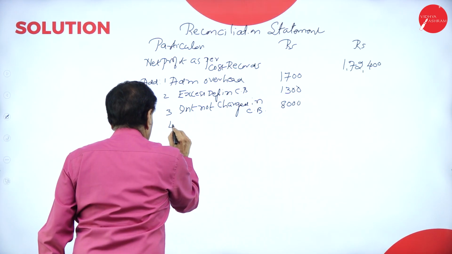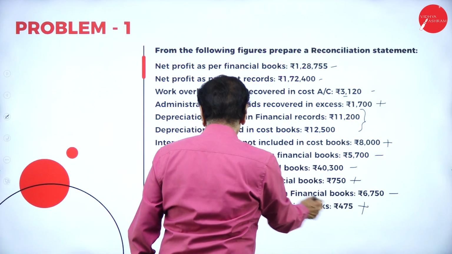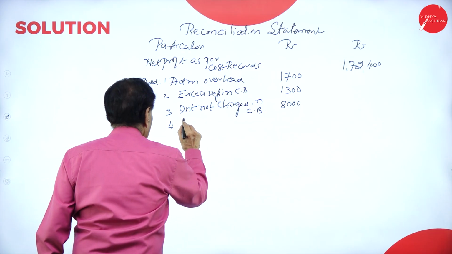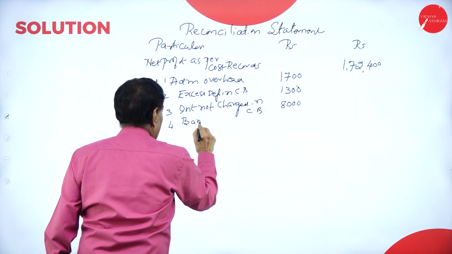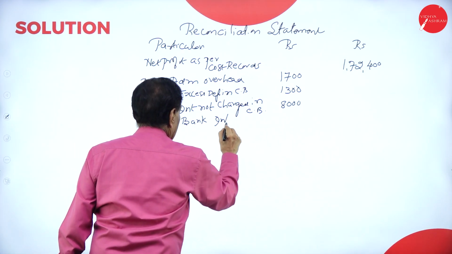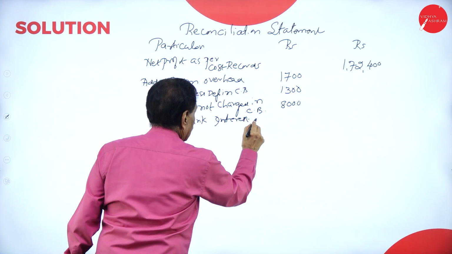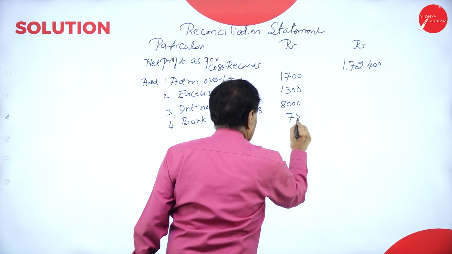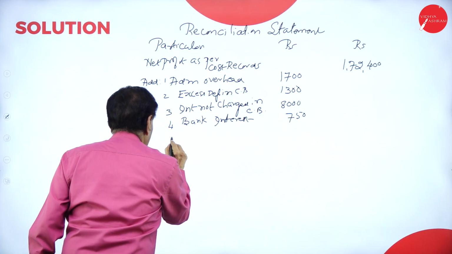Number 4. Then obsolescence minus, income tax minus, then bank interest 750. Number 5.